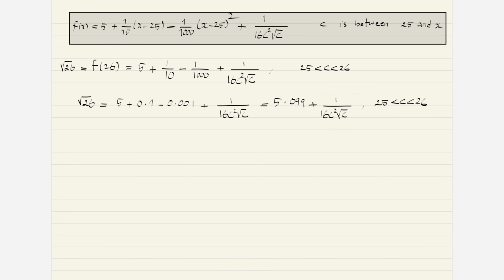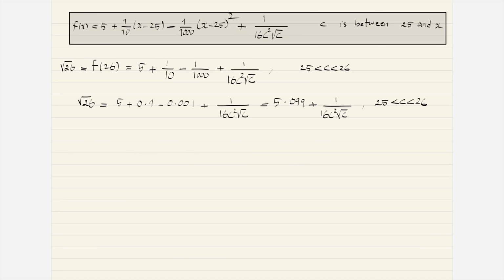But now, I don't know the exact value of c, which would be fantastic and ideal, but it is not like that. But I know c is somewhere between 25 and 26, so I can have an estimate of this error. Usually when they talk about the size of the error, they are interested in the absolute value of the error that you are making.